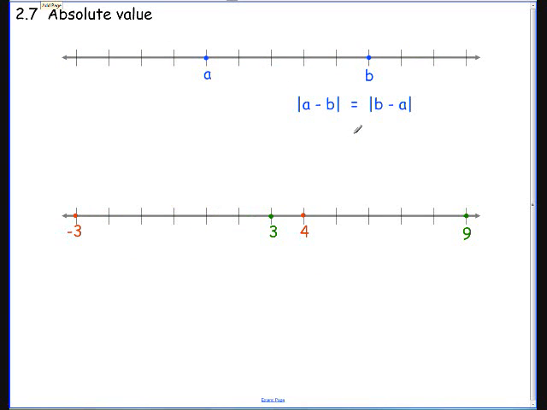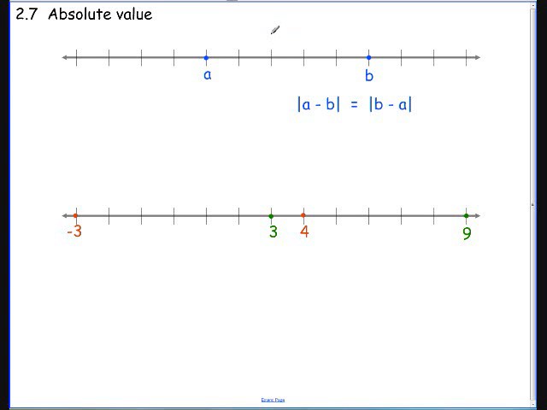Let's try graphing the absolute value of a minus b. Let's say we're talking about this, a, and let's put some numbers on this.